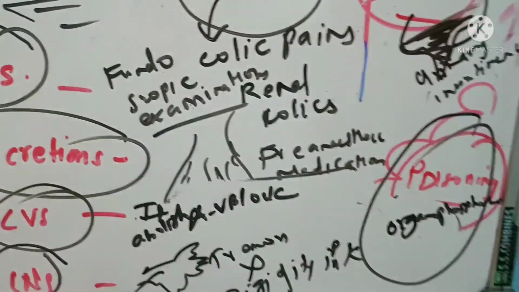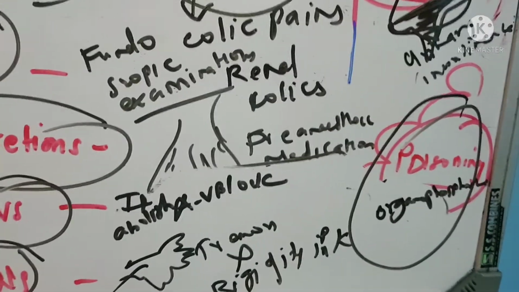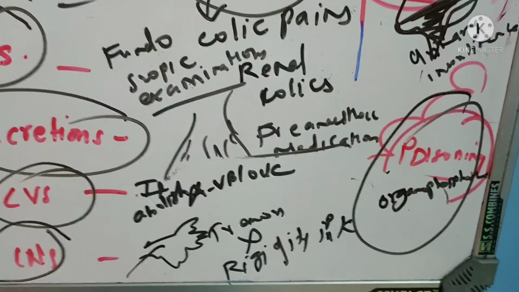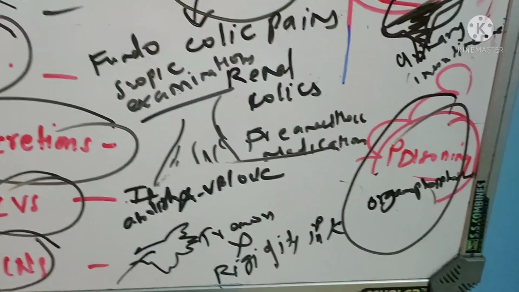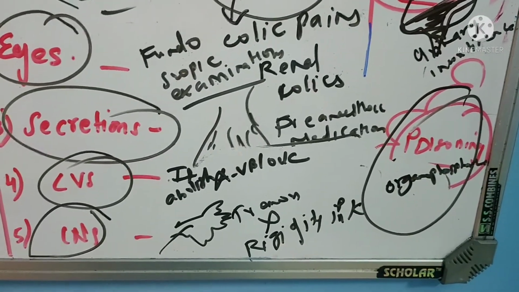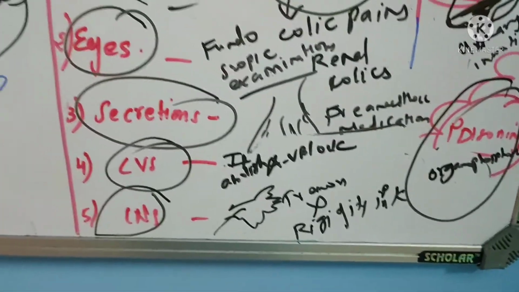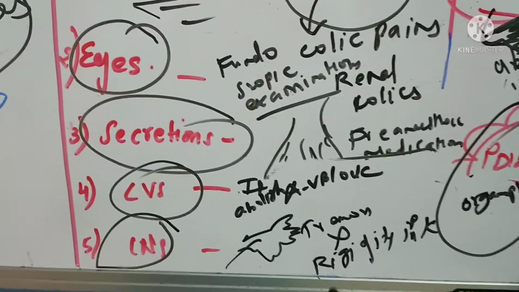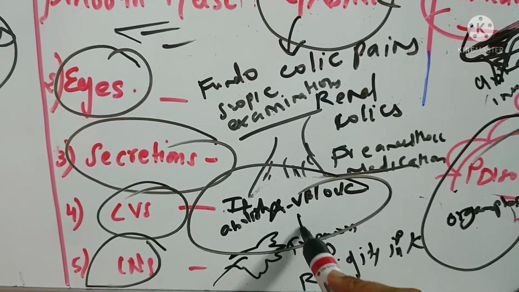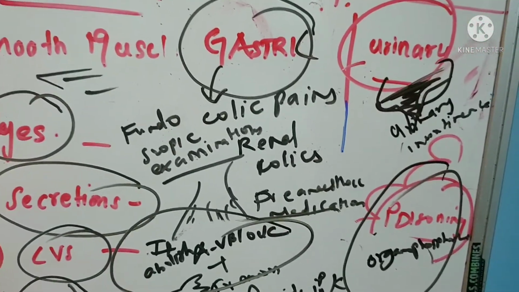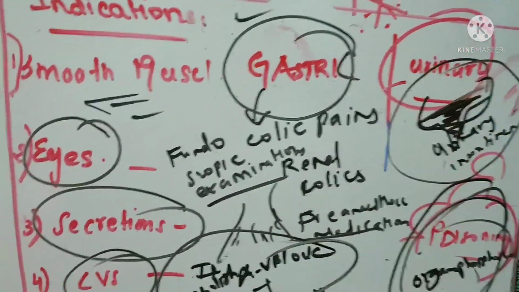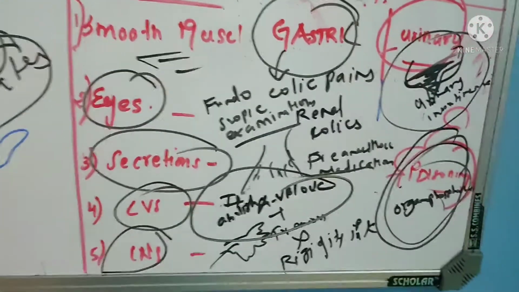Organophosphorus are nothing but anticholinesterases. So when there occurs a poisoning due to organophosphorus, atropine is the main agent to treat it. The main indications used now are abolition of AV block, organophosphorus poisoning, and urinary incontinence. These are the three major indications of atropine.